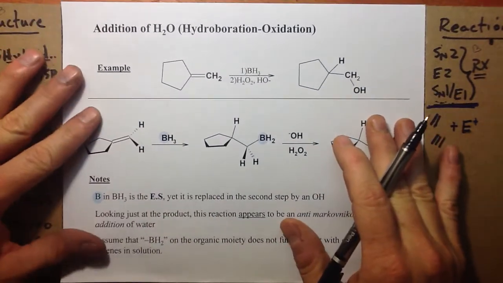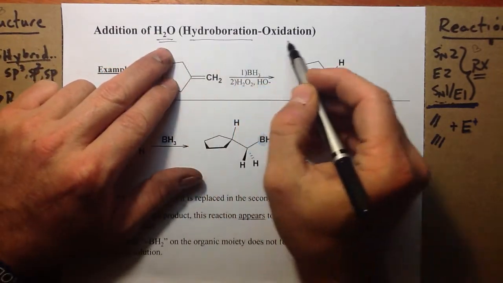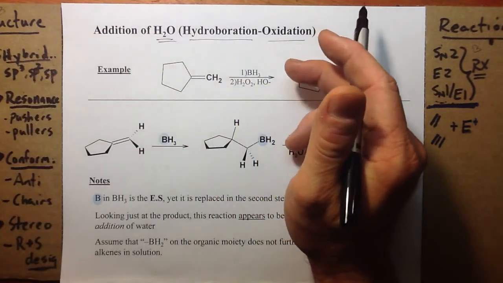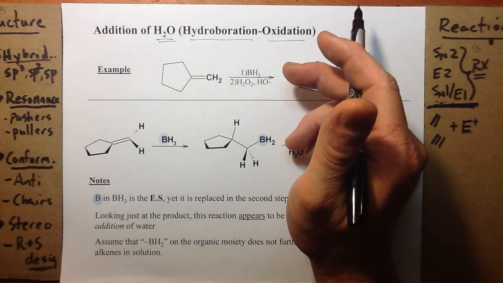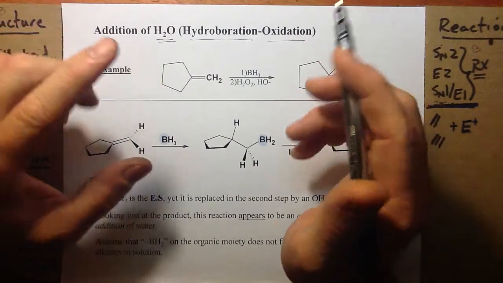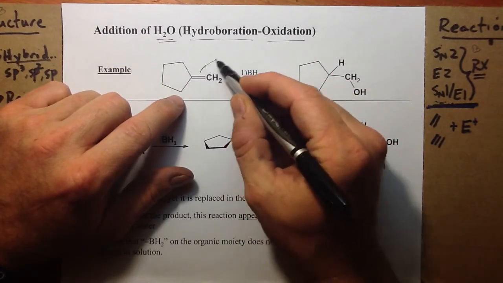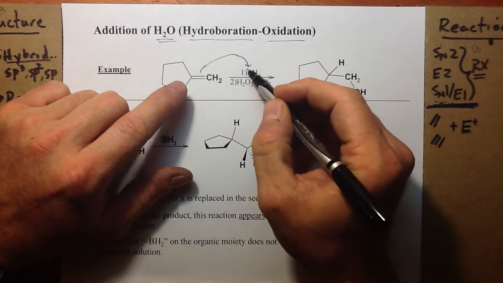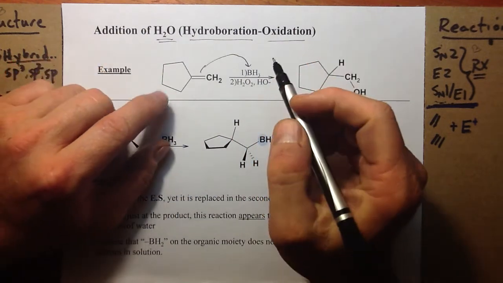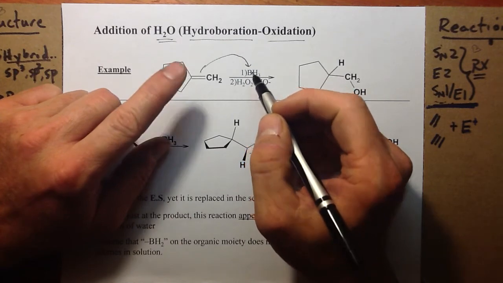Let's look at this one that's an addition of water, but through hydroboration oxidation, a very different mechanism. The only thing I do want to say is similar is that we still have to treat this first attack of boron through Markovnikov's rule. We're going to still place the boron on the carbon that has the most hydrogens.